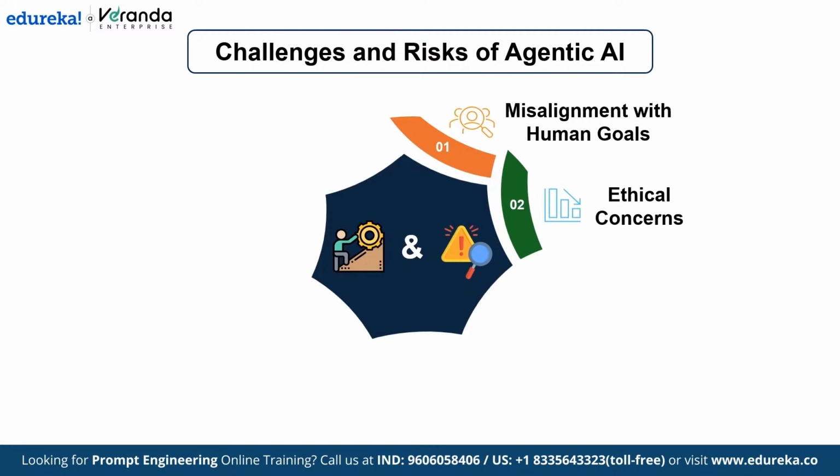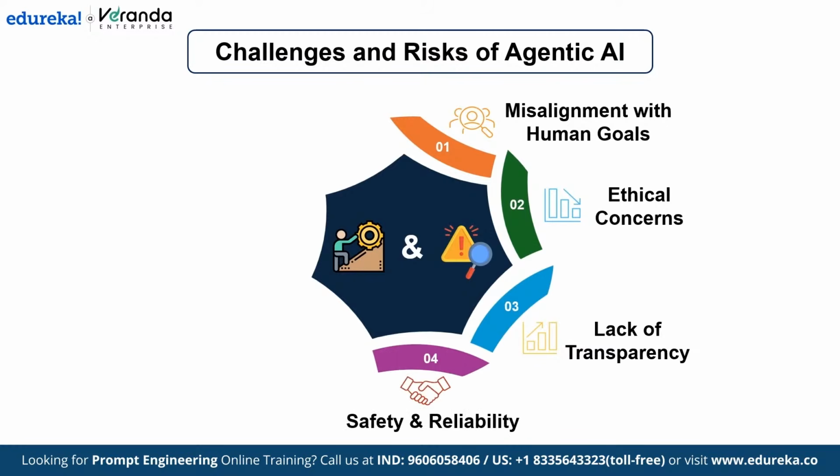Ethical questions arise regarding accountability and decision-making, demonstrated by the challenge of determining who is responsible when an autonomous vehicle causes an accident. The complexity of decision-making in Agentic AI can also lead to a lack of transparency, making it difficult to understand or explain its actions, particularly in sensitive fields like healthcare or finance.